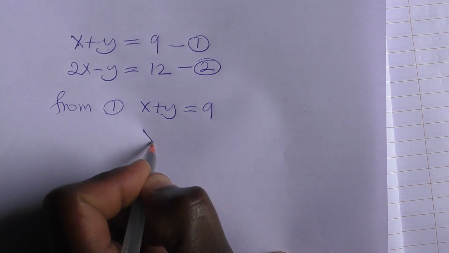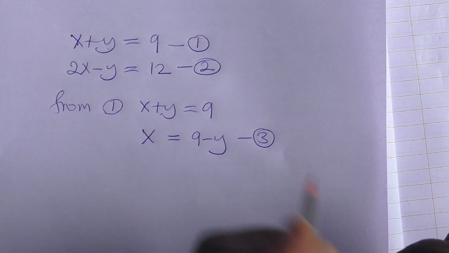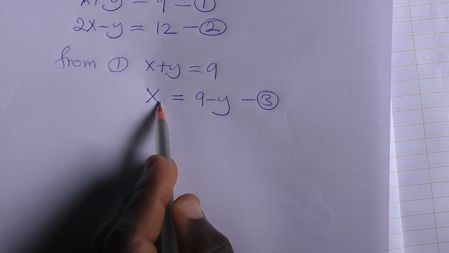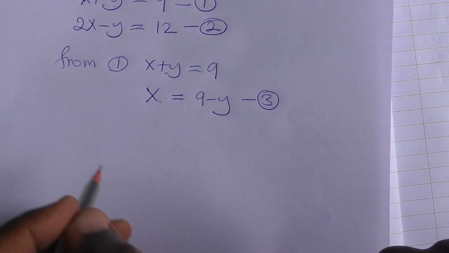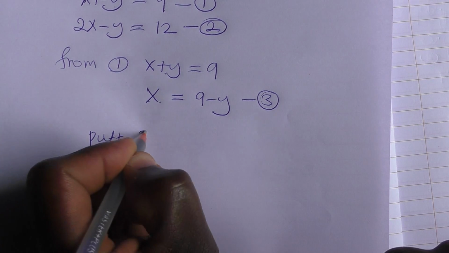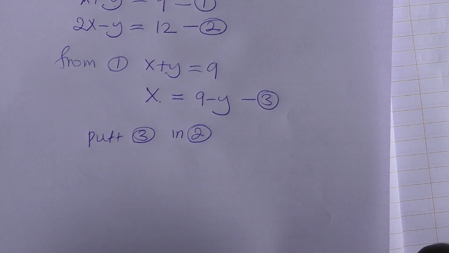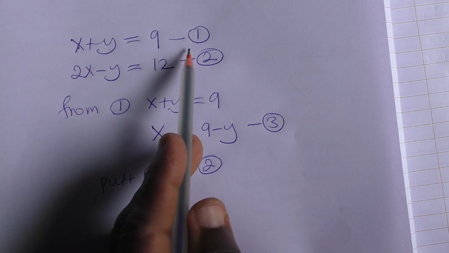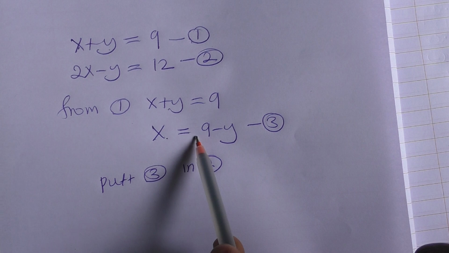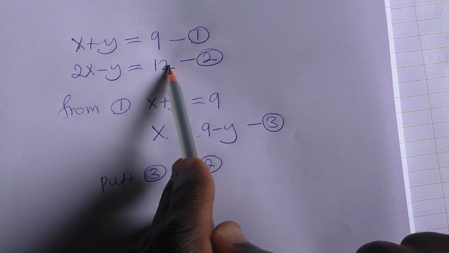I'm making x the subject so that x equals 9 minus y. This is the third equation. After making x the subject, we shall now replace, or put, equation 3 in equation 2. We don't put it back into equation 1 because we have already used equation 1 to get x, and therefore we are replacing in equation 2.